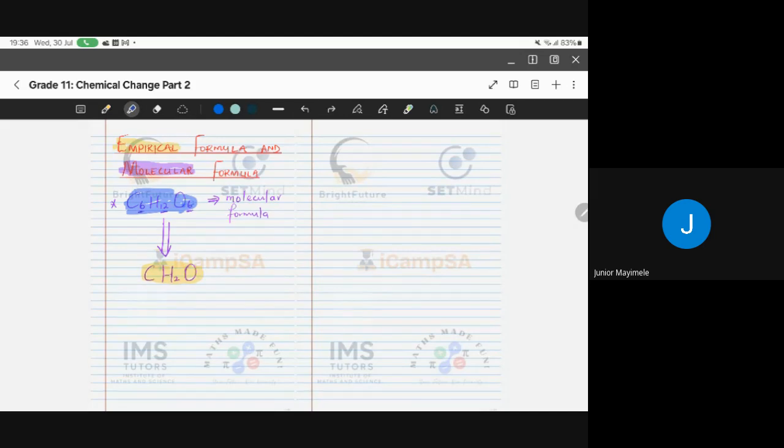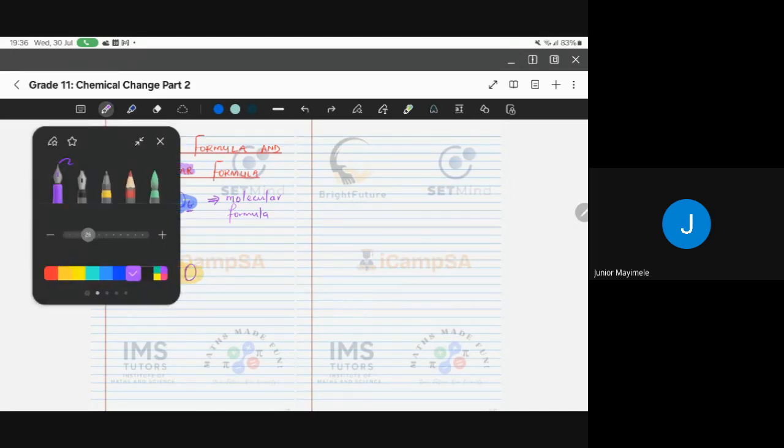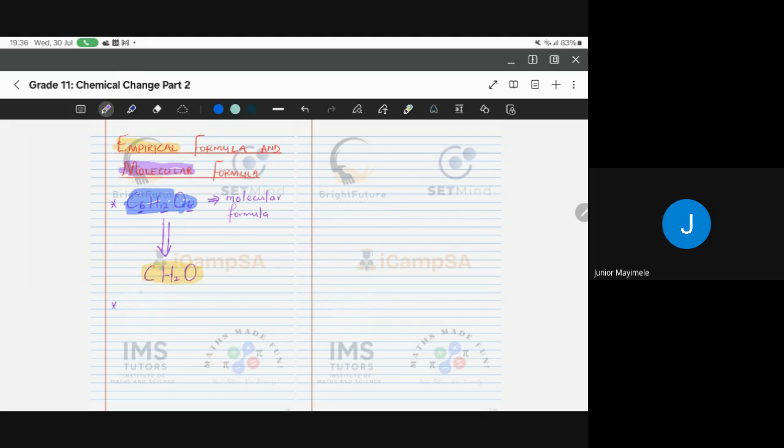Good. So a definition of molecular formula, it's the simplest whole number ratio.